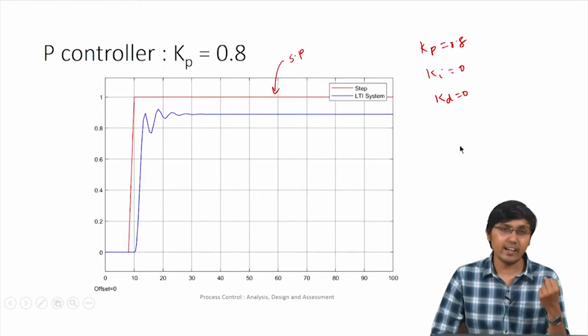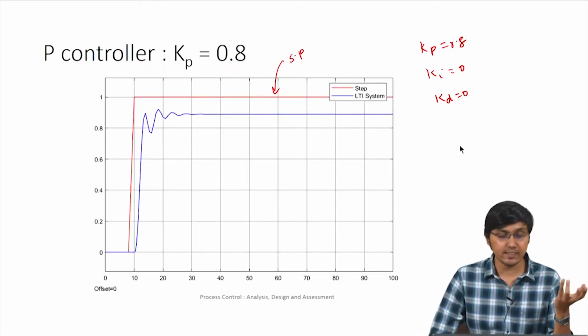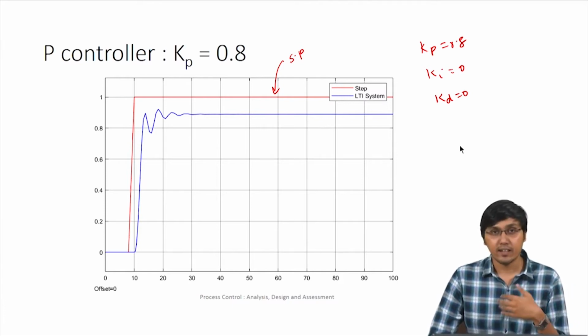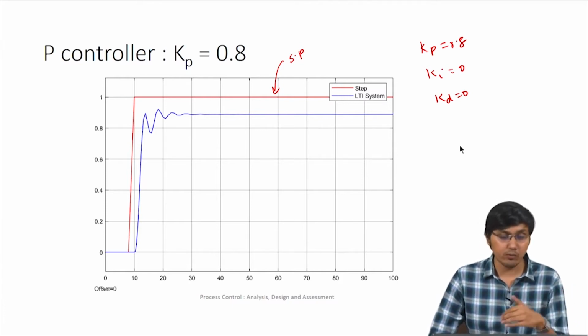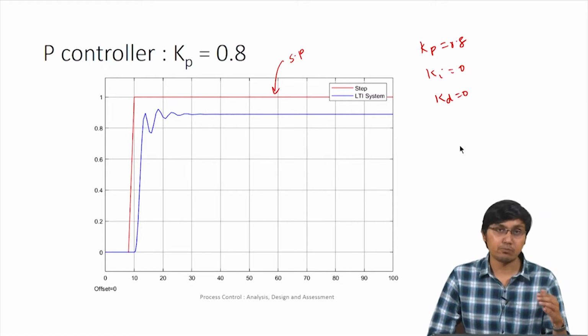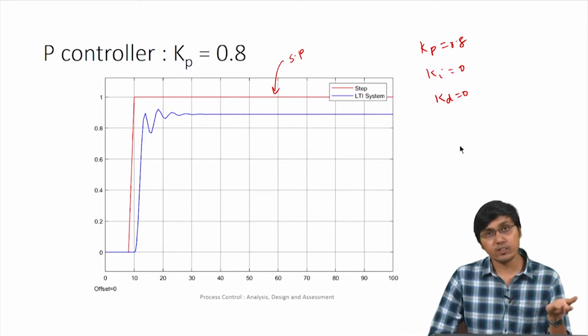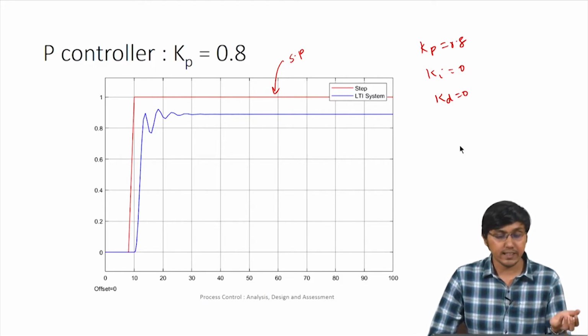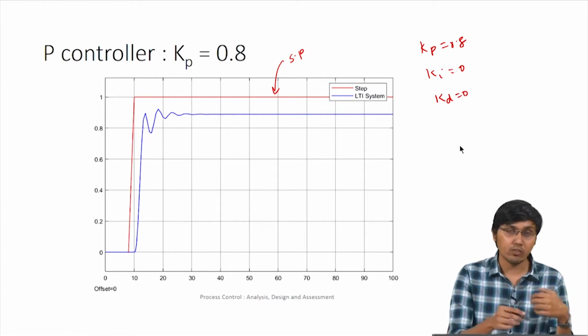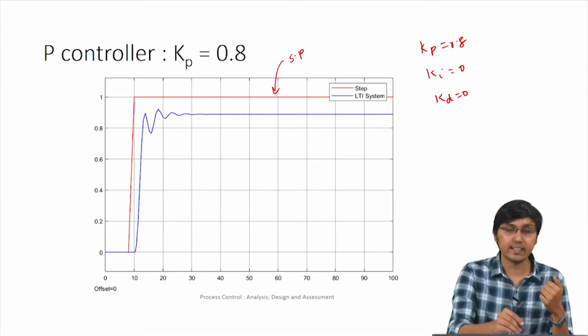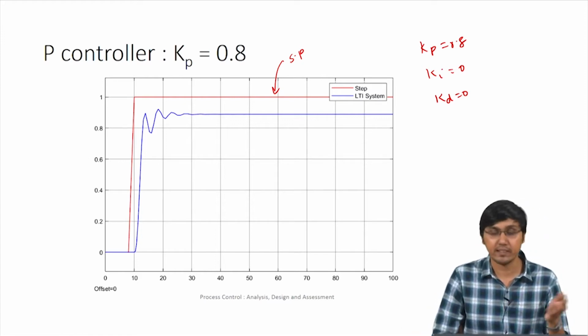If you want to relate it to a physical system, say I want to increase the flow by a step, for example from a flow value of 3 meter cube per second to 5 meter cube per second. This is how I want the change to happen, but it is changing like this. You can think of flow, temperature, anything.